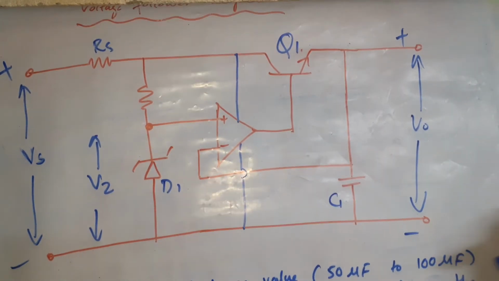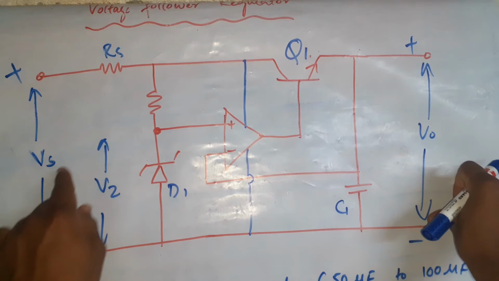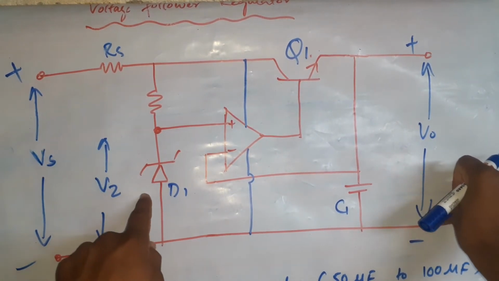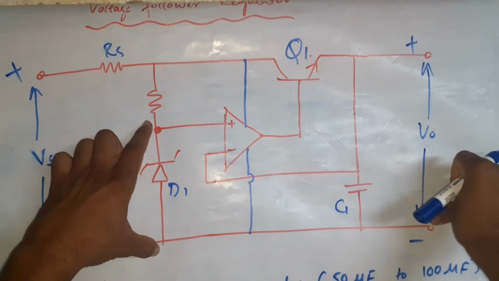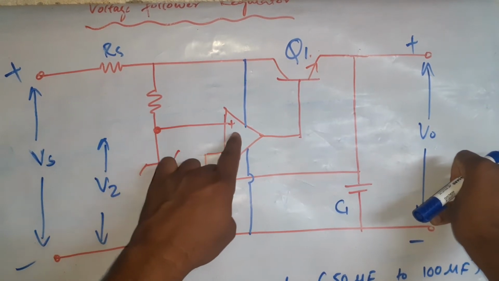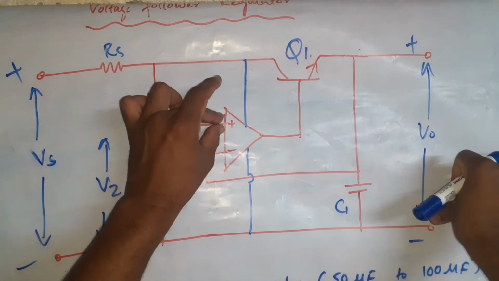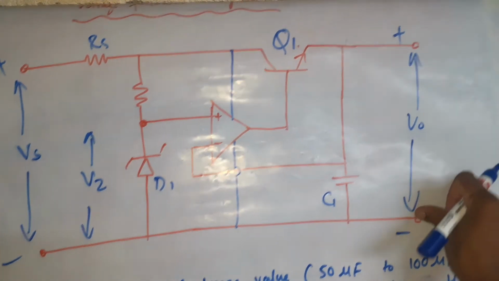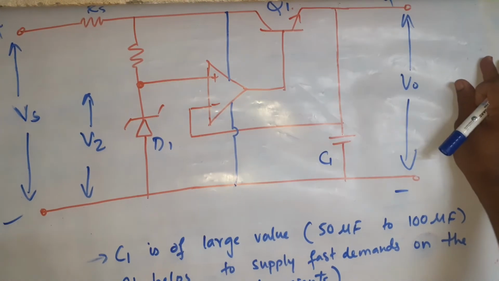Now see here, this is your supply voltage. Rs is the resistance of your supply side, source side. Then we have a Zener diode connected in such a way that the voltage across Vz comes across the non-inverting terminal. Now, two important things: we have Q1 and C1.